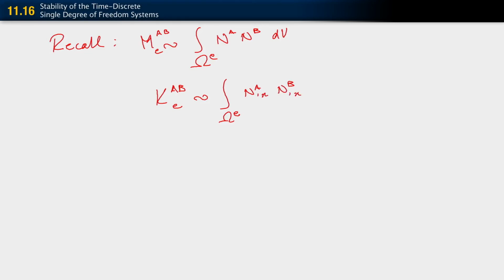These are derivatives. Though there are derivatives involved in KAB, and yes, KAB may also have a kappa ij, xi, xj, dv, right? And yes, the mass matrix may also have a specific heat there, right? Or rho could be 1 if you're doing diffusion, okay?